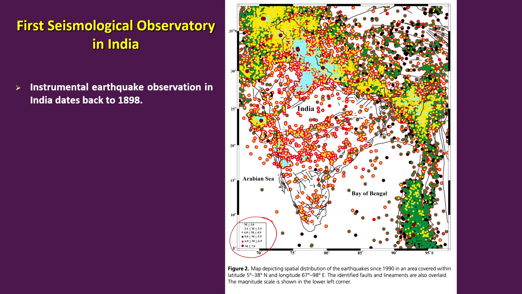Now, the first instrumental earthquake observation in India dates back to 1898, and that was after the 1897 Shillong earthquake.